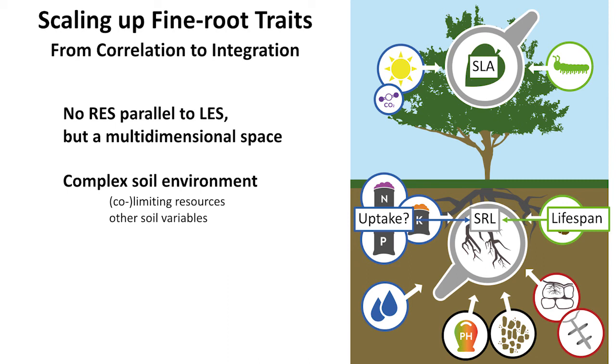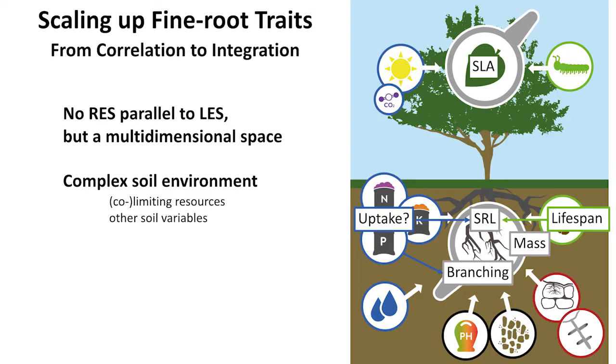So for instance, if phosphorus, a more immobile nutrient, is less available, plants might not increase their specific root length, but instead they might increase their branching intensity.